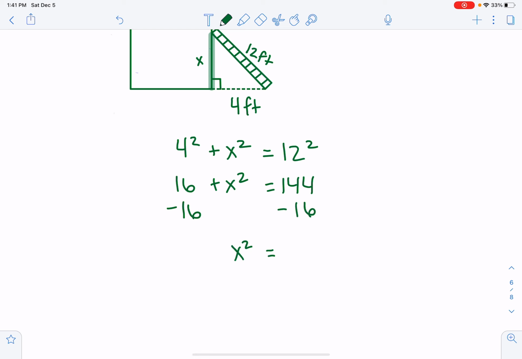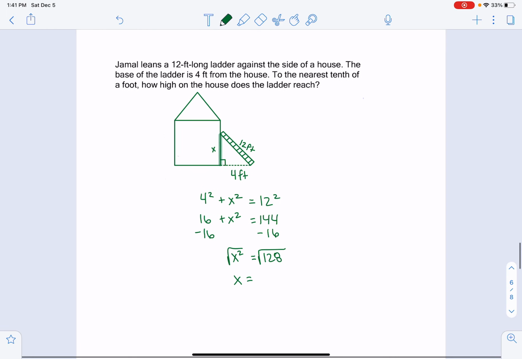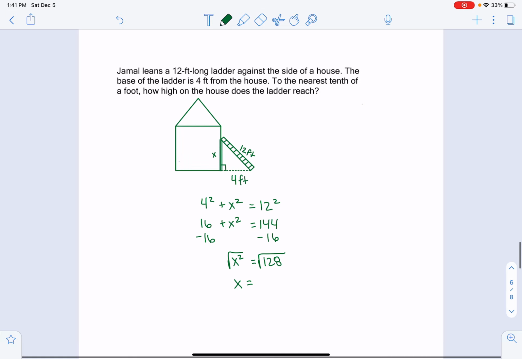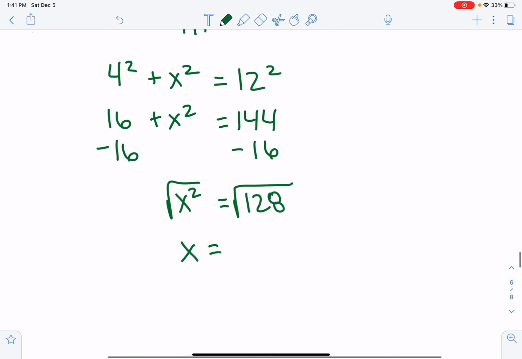And x squared is 128. Square root both sides. And that gives us 11.3. It said round to the nearest tenth of a foot. So 11.3 feet.